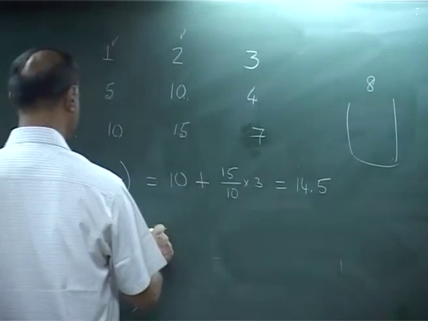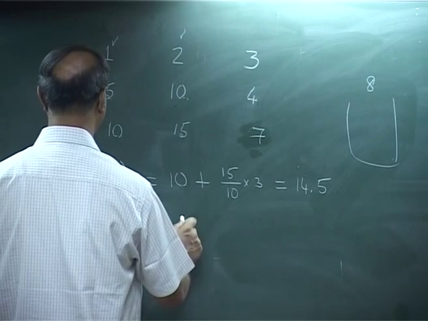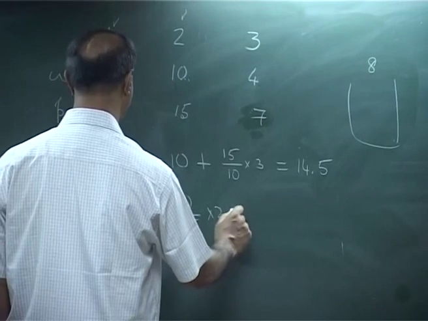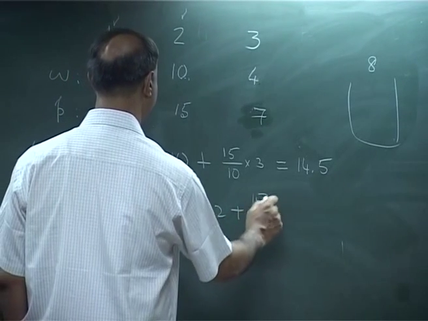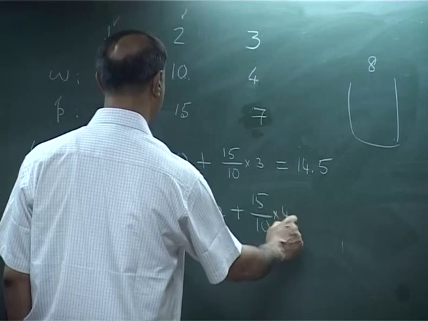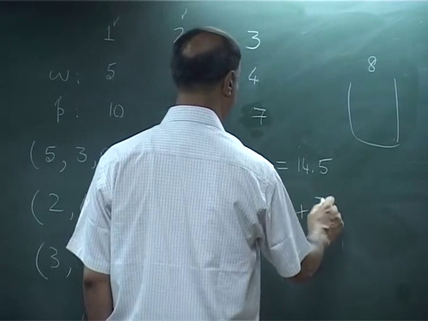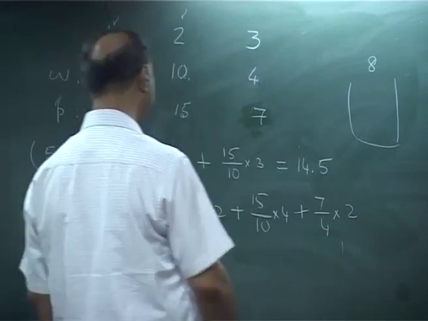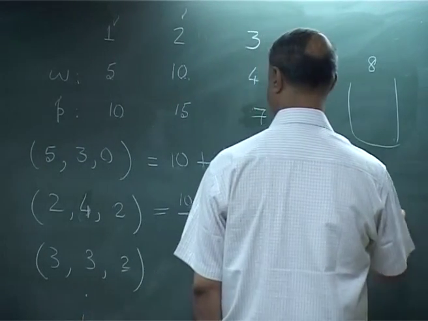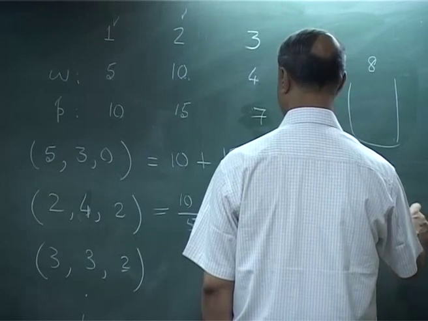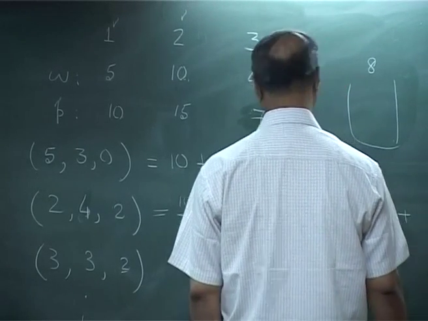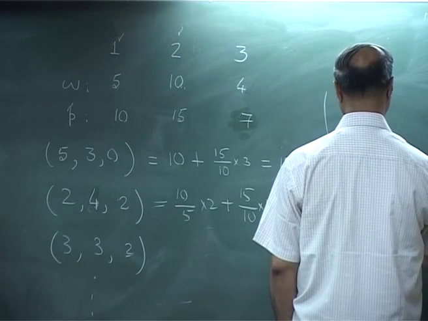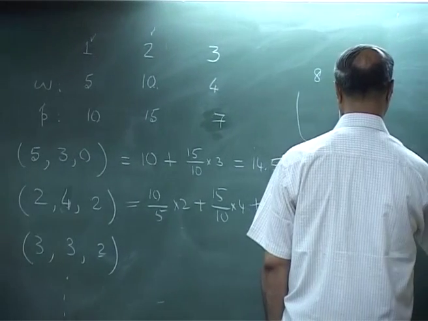Now in the other case, 10 divided by 5 into 2 plus 15 divided by 10 into 4 plus 7 divided by 4 into 2. So this is 4 plus 6 plus 3.5, so it is 13.5.